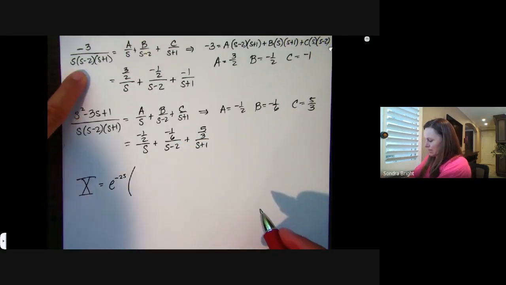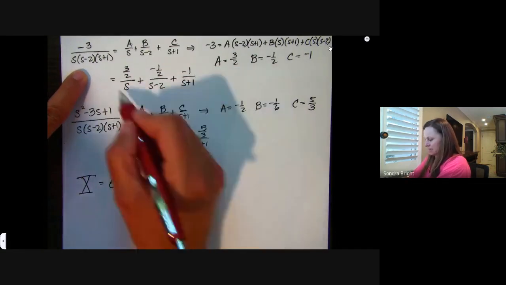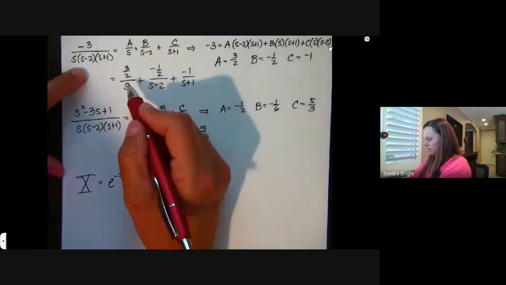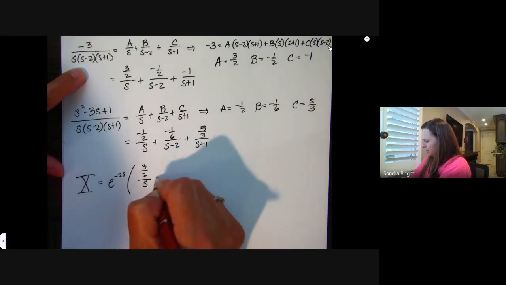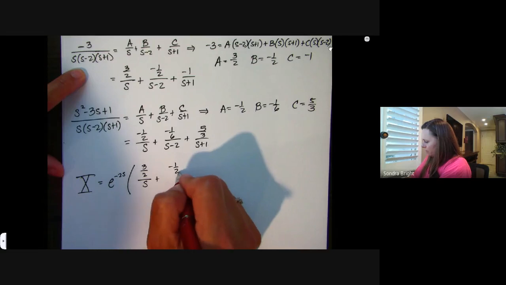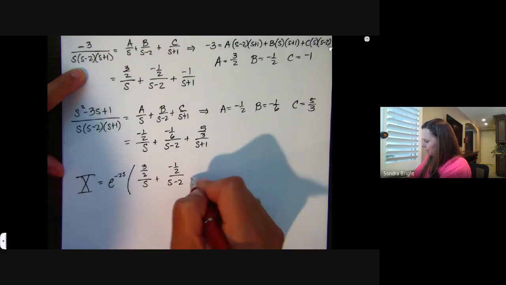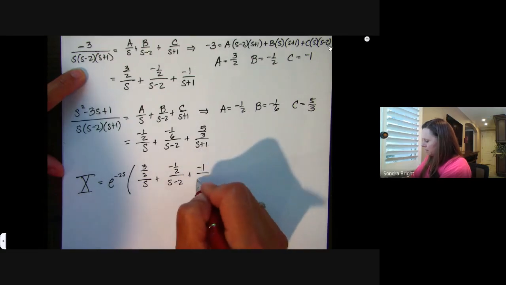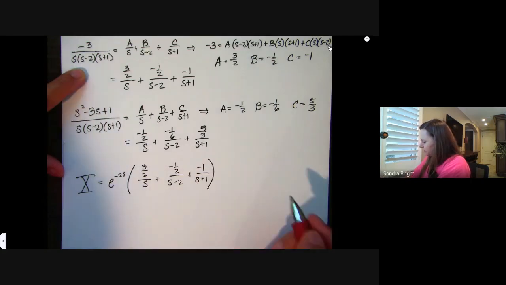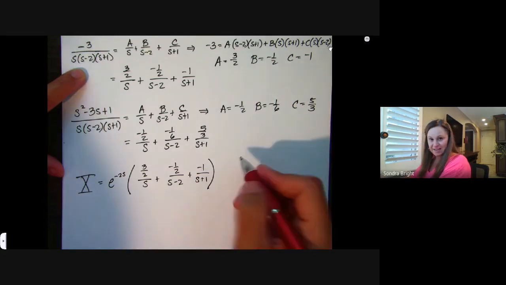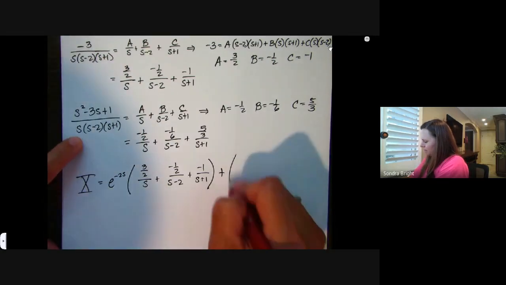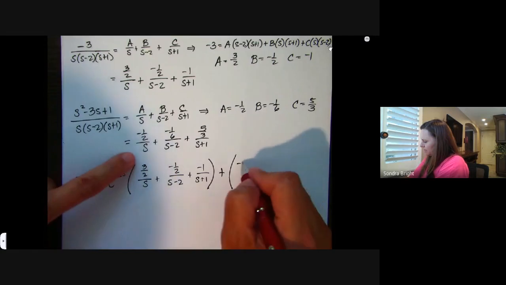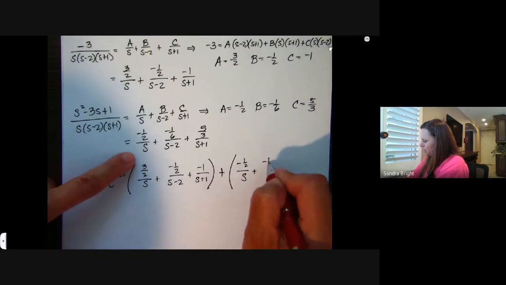But now I've broken it down so that I can easily find the inverse Laplace transforms. So 3 over 2 over s plus negative 1/2 over s minus 2, plus negative 1 over s plus 1. And then it was plus this one, which becomes negative 1/2 over s plus negative 1/6 over s minus 2 and 5/3 over s plus 1.